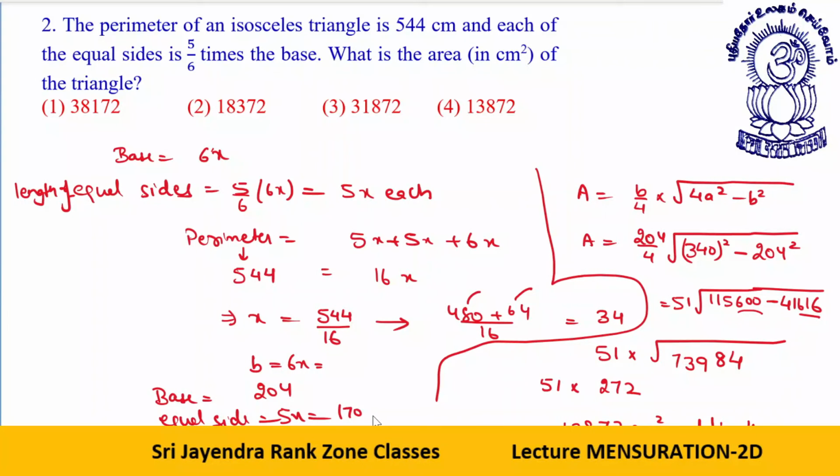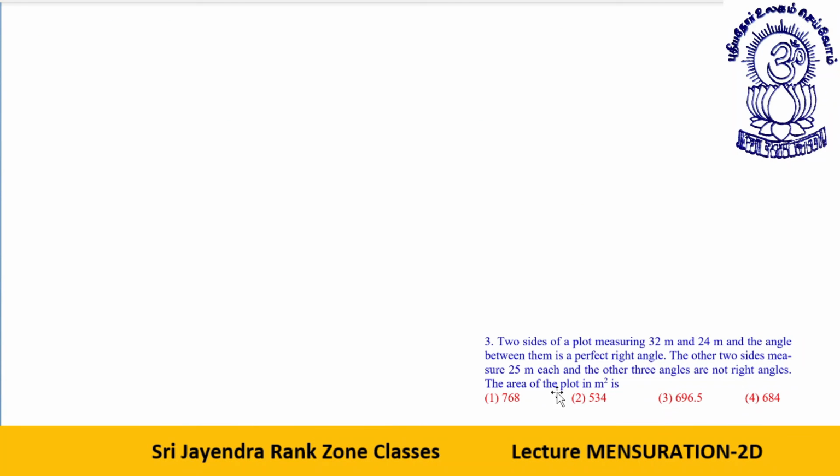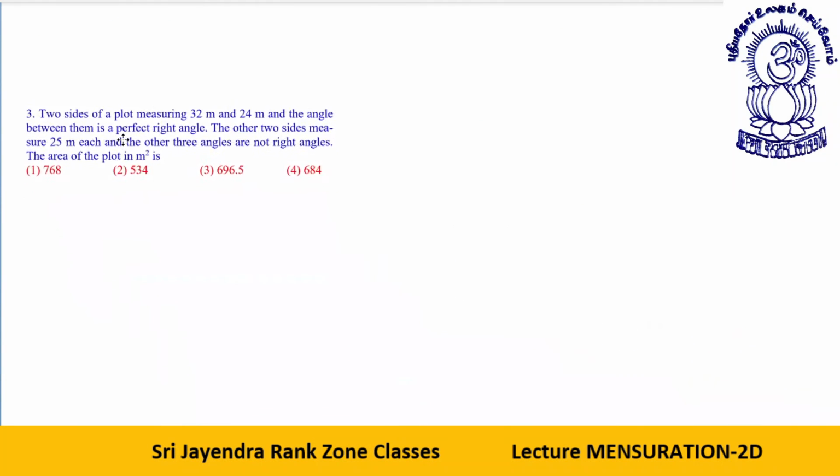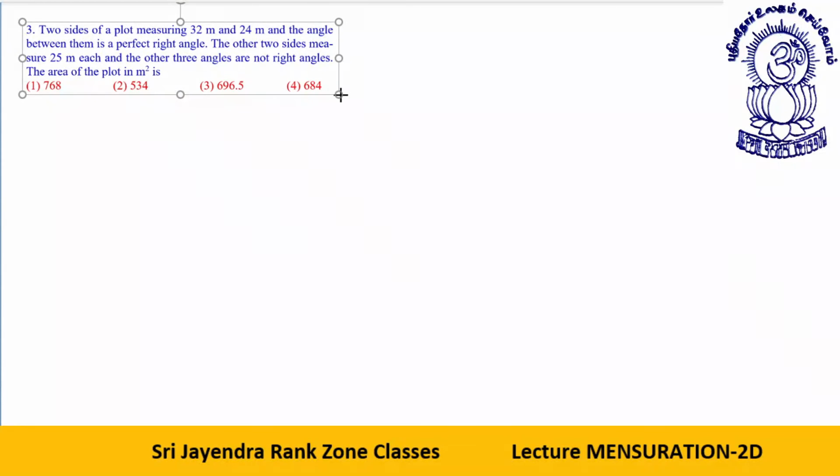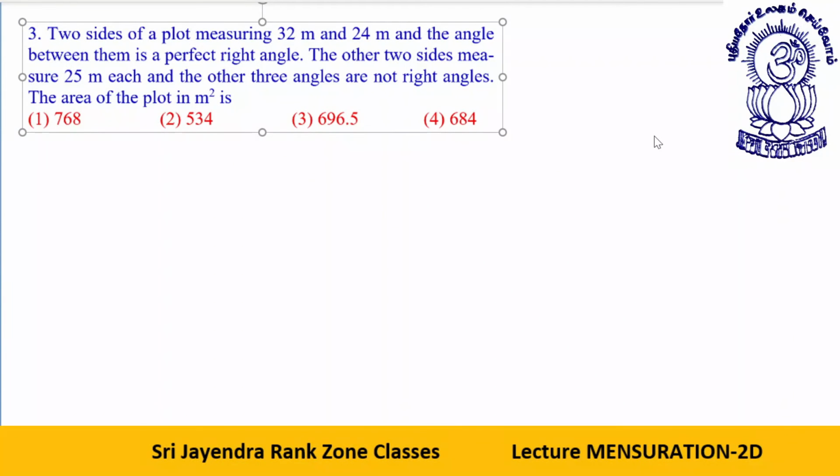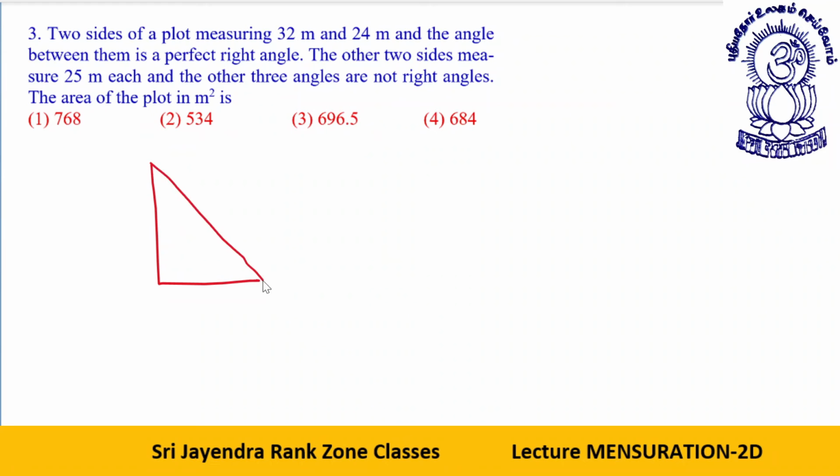Let's take the next one. Two sides of a plot measuring 24 and 32, and the angle between them is a perfect right angle, like this. This is given to you. This is a 90-degree angle.